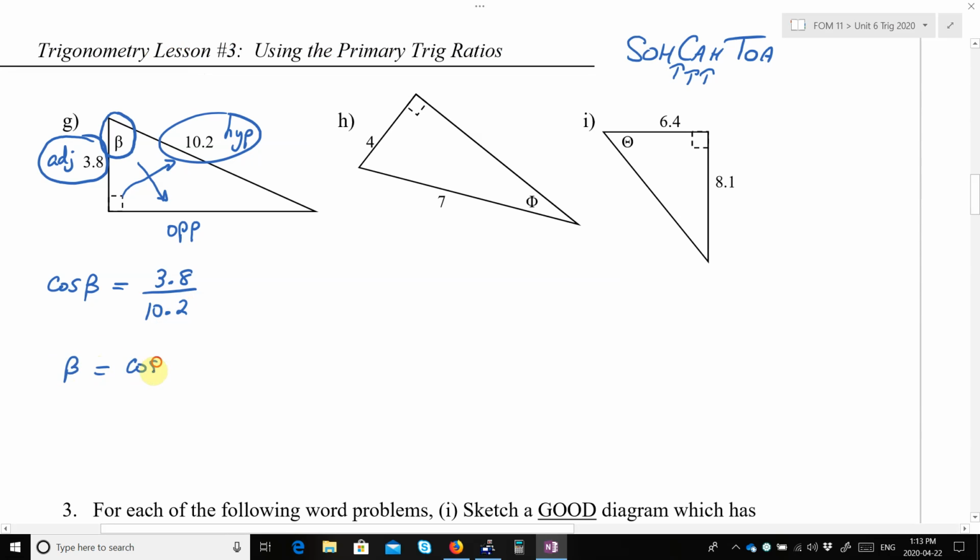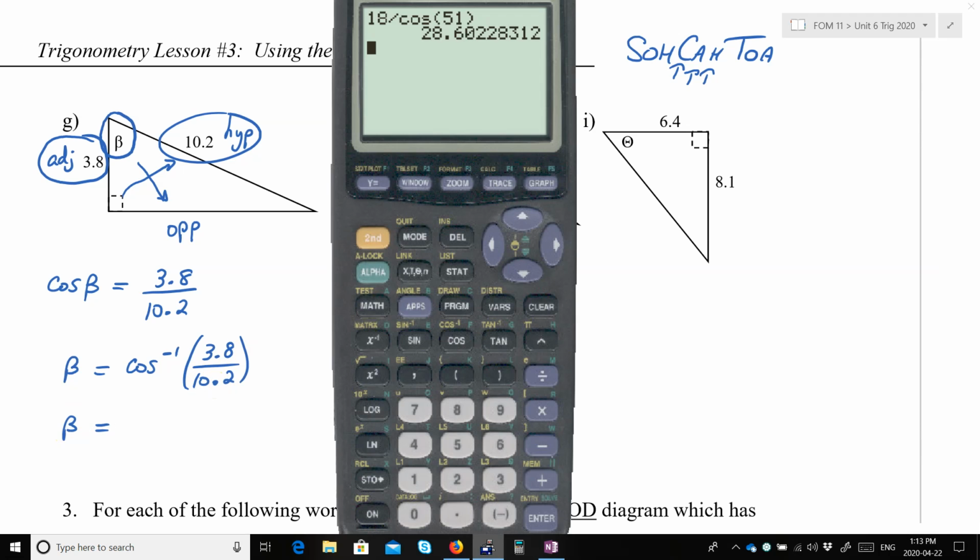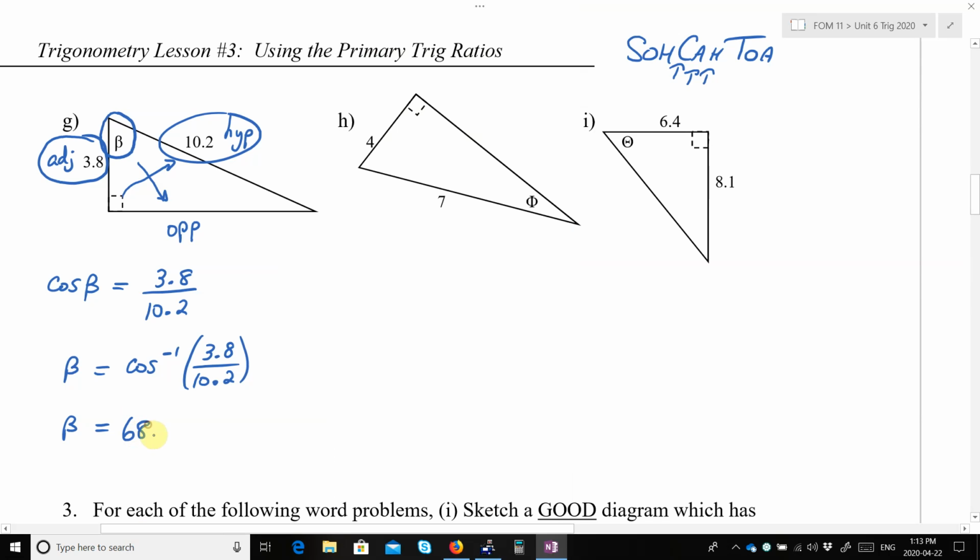So we have to go cos inverse of 3.8 over 10.2. So you go shift cos 3.8 divided by 10.2 and press equals, 68.1 degrees. So we're finding an angle in degrees this time, and that is 68.1 degrees.